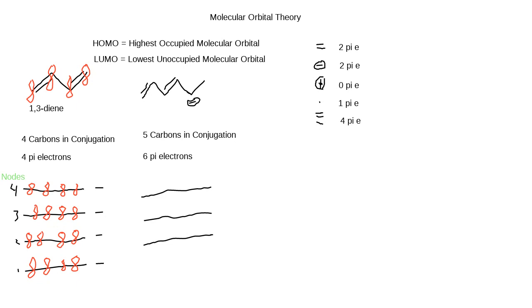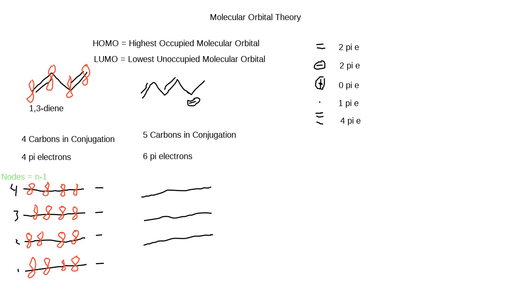And the formula for nodes is fairly simple. It's simply n minus 1. Okay, so don't get this confused by the NMR formula, n plus 1, neighboring hydrogens plus 1. This is n, in this case, stands for energy level. So I'm going to go through all this.